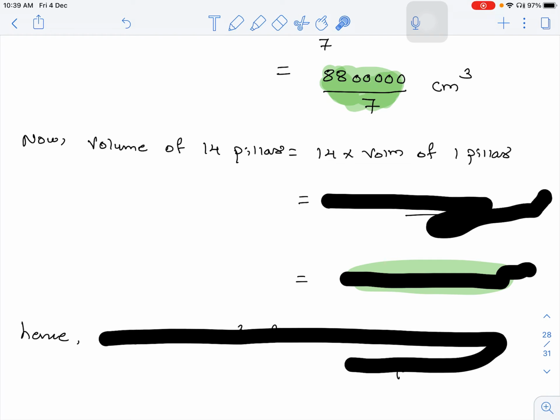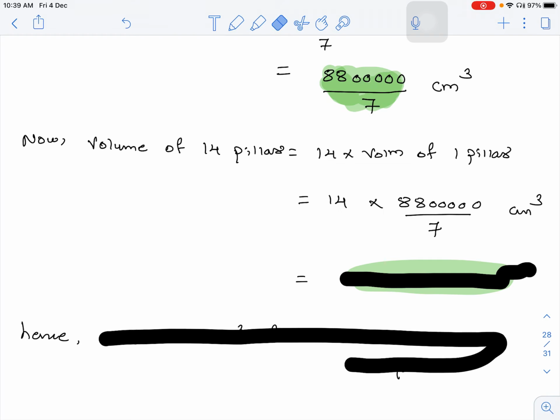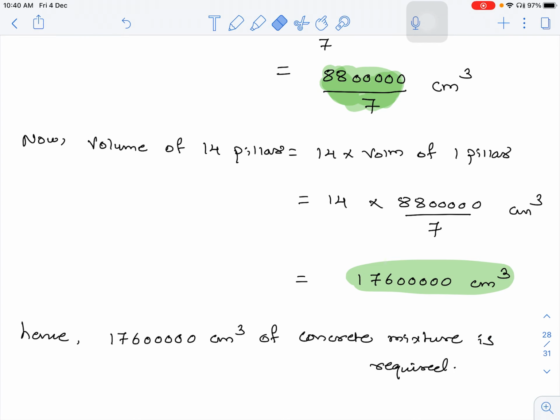Then you will get 14 into this number centimeter cube. Now here we can cancel this 7 with this 14. So 7 ones are 7, 7 twos are 14. What will be the answer? 176,000,000 centimeter cube. Remember that if you want to convert this into meter cube, you can do that also. So our final answer is that this much centimeter cube of concrete mixture is required.